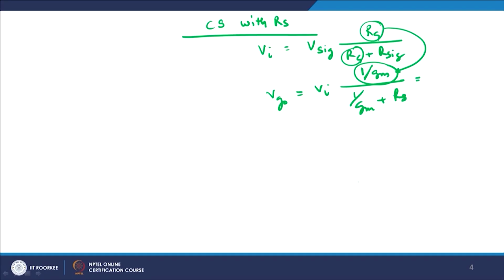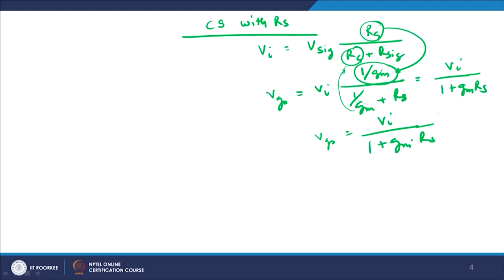This could be written as Vi upon 1 plus Gm times Rs, because if you cross multiply, this will be 1 plus Gm Rs, this Gm will go in the numerator, and this Gm will cancel with this Gm, and you will remain with this. So I get Vgs equal to Vi upon 1 plus Gm times Rs.